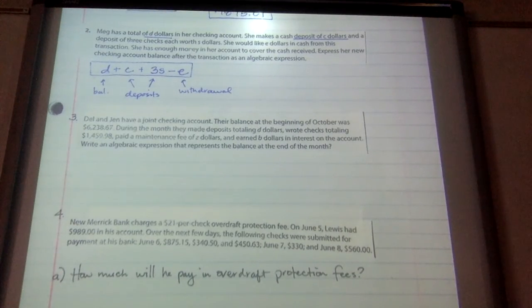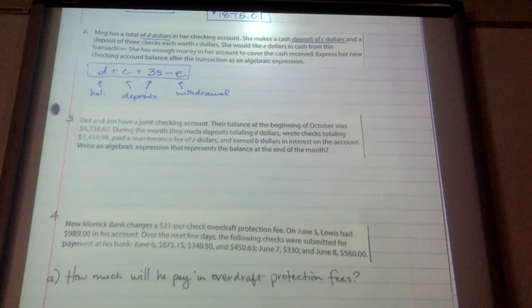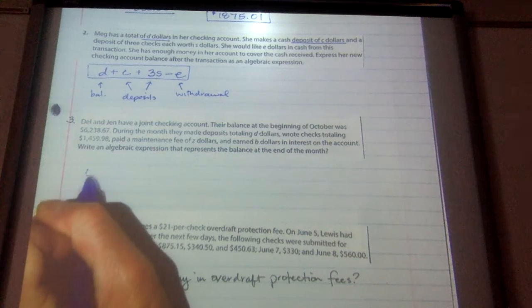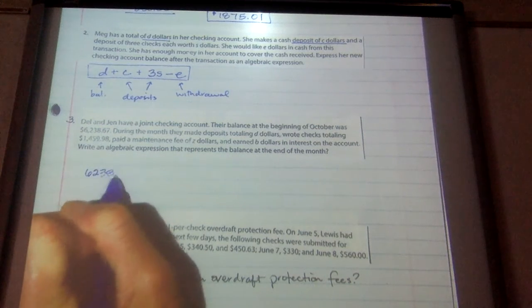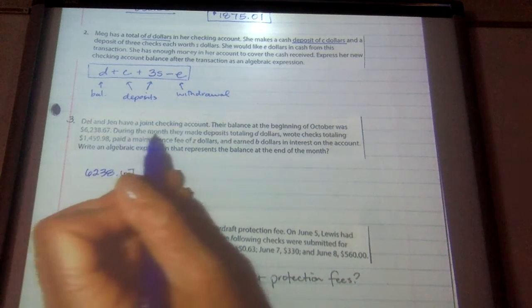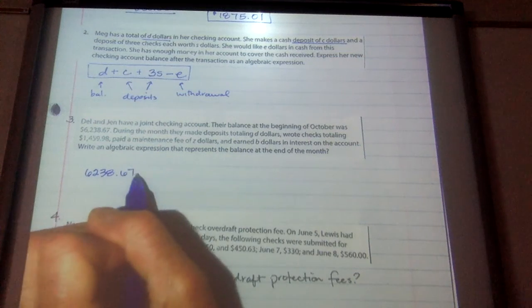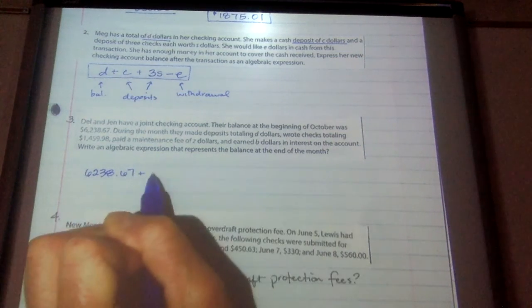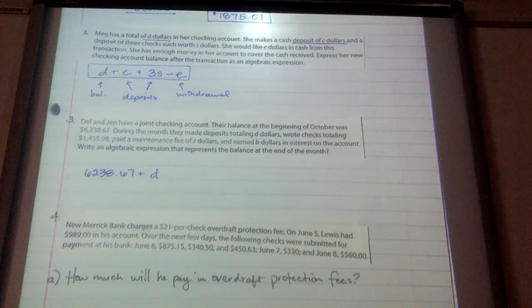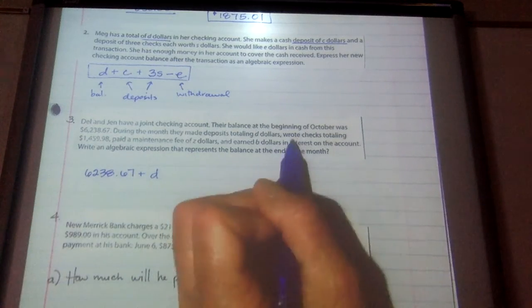Next one, Dell and Jen have a joint checking account. Their balance at the beginning of October is $6,238.67. During the month, they made deposits totaling 12D dollars, so deposits are an addition to our account. She wrote checks.